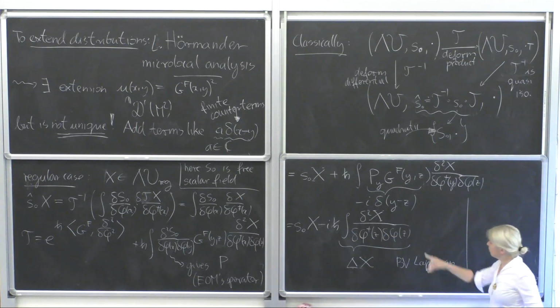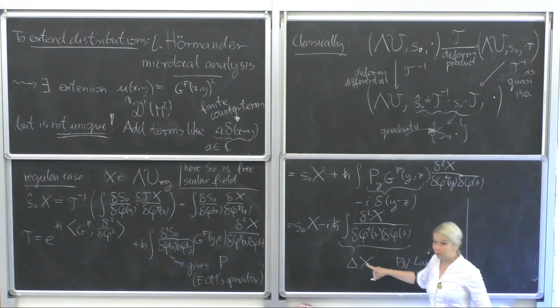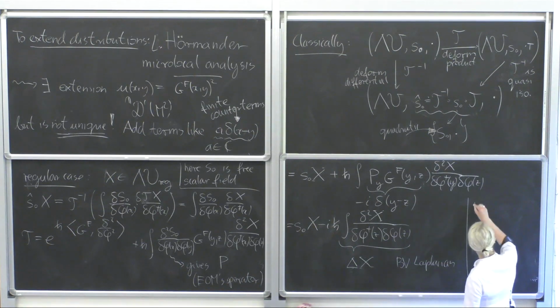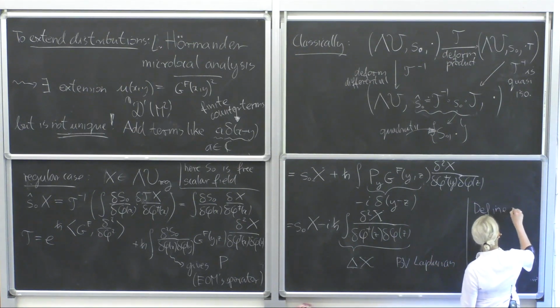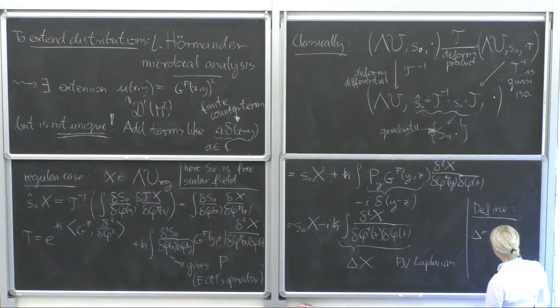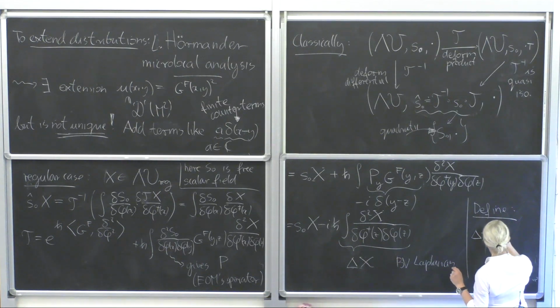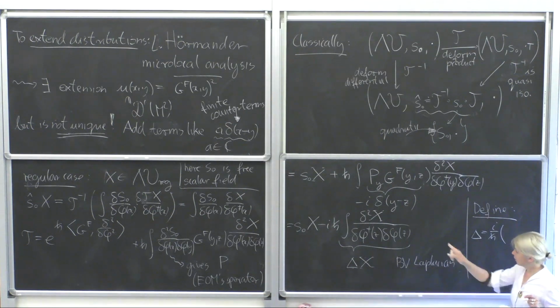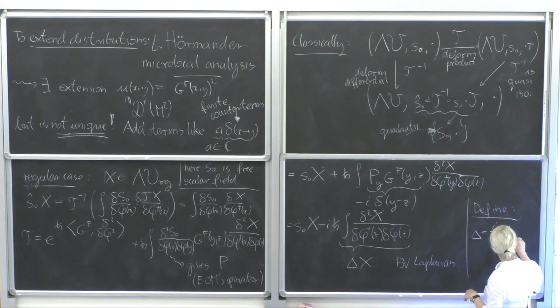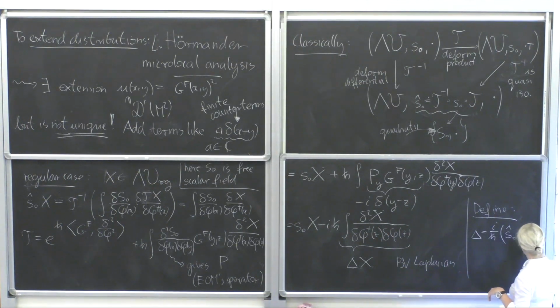But after this computation, I can say, why don't I define the BV Laplacian through this? So now, motivated by this, define delta as i over h bar times the difference between this deformed guy and the undeformed one. And this one is defined using the time-ordered product.